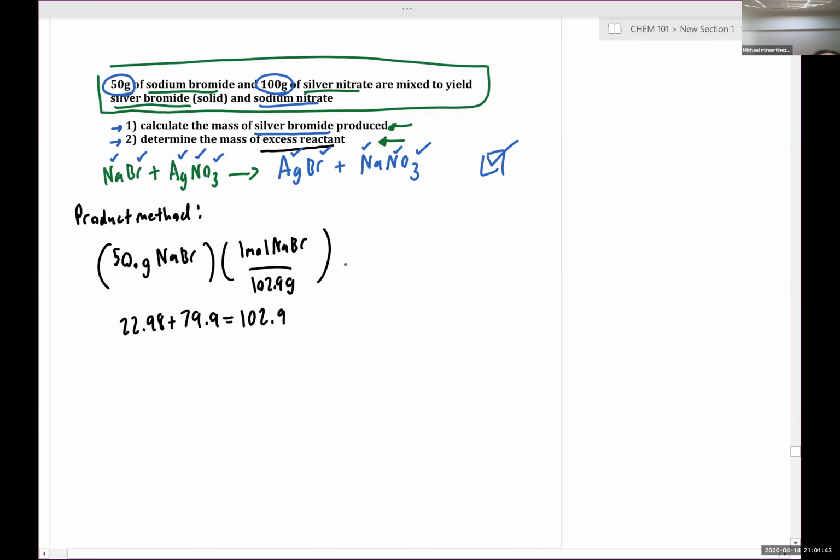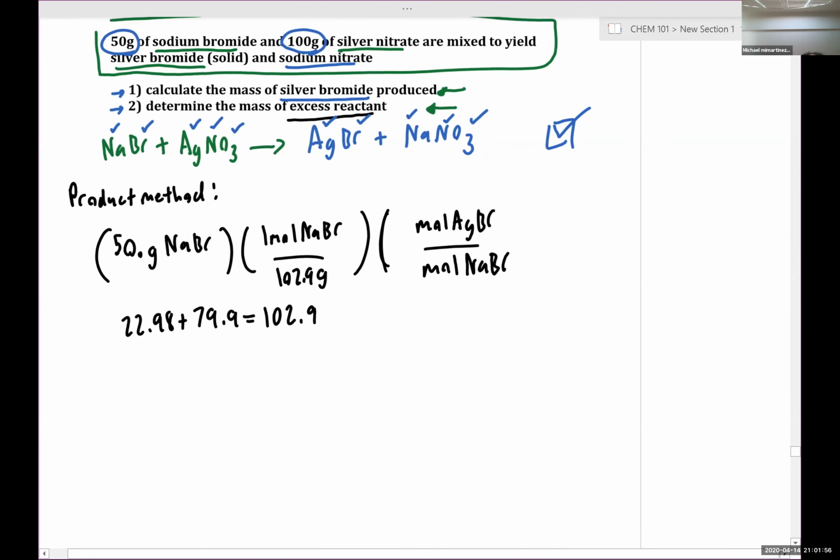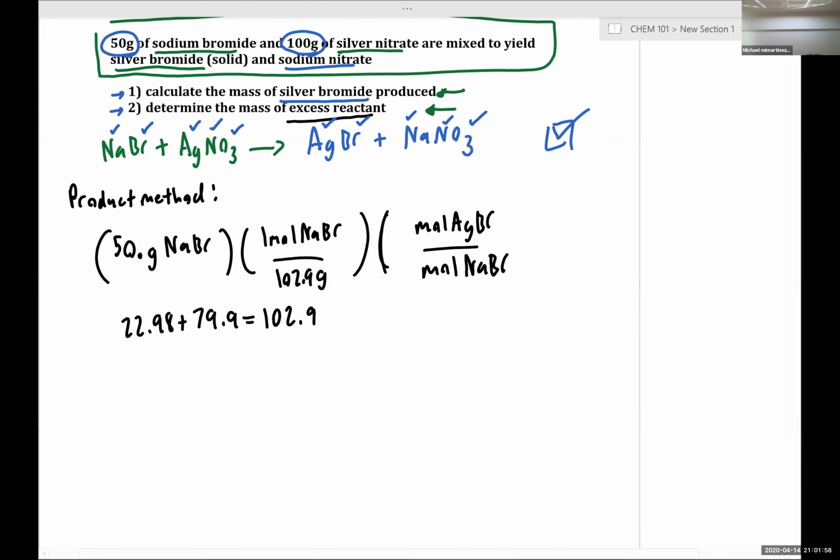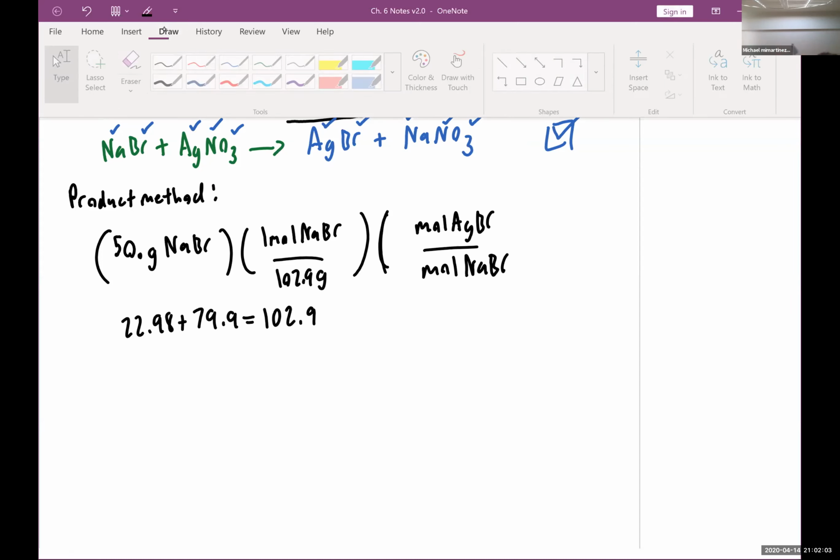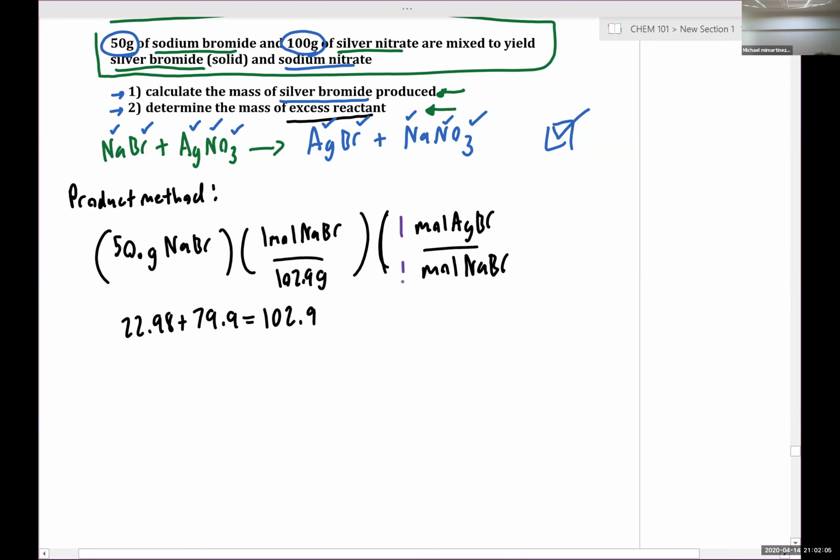So my question to all of you is, how many moles of silver bromide do we make per mole of sodium bromide consumed? What is our mole to mole ratio? 1 to 1, exactly right. And it's good to see all that participation in the chat. It's wonderful. Okay, finally, how many grams of silver bromide are present in 1 mole of silver bromide?